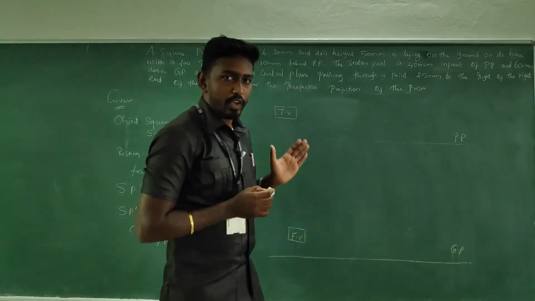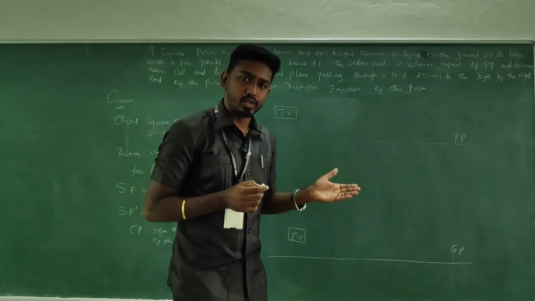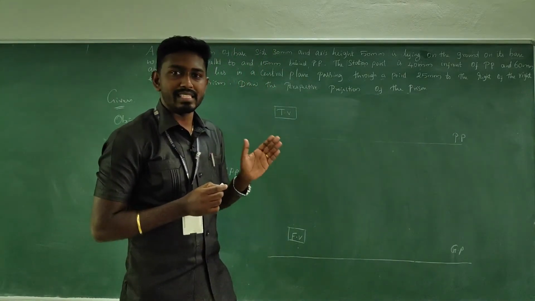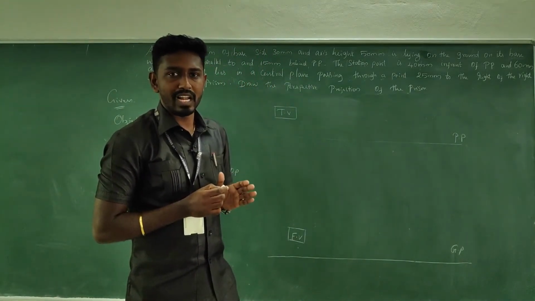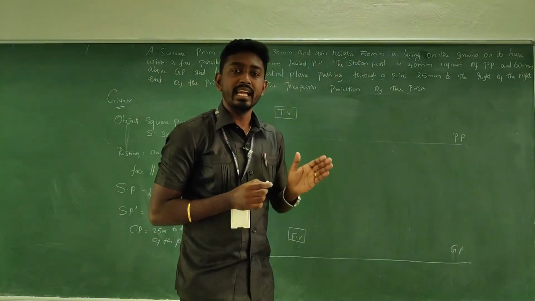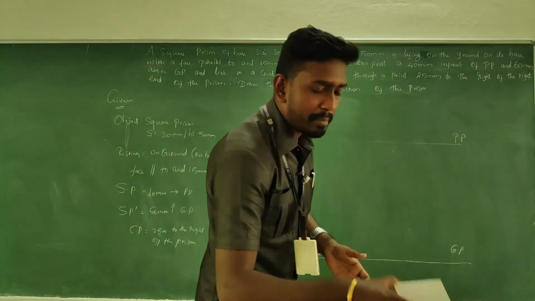Okay, now we are going to do the projection. Just like projection of solids, projection of planes or projection of lines, we are going with the same procedure. First of all, we need to begin with a view which shows the true shape of the object. Here it is a square prism.